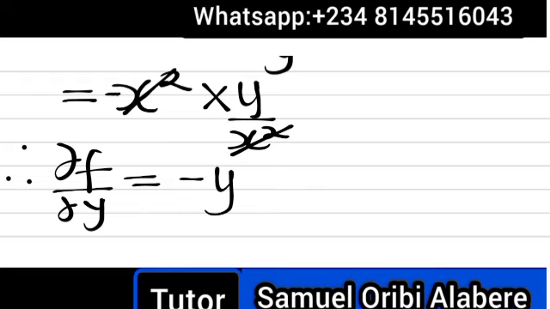Hence, we have gotten our value for the partial derivative of f with respect to x and then the partial derivative of f with respect to y. And our function of x and y is equals to ln x raised to the power of 2 all over y. So this is our answer for the question that we were given.